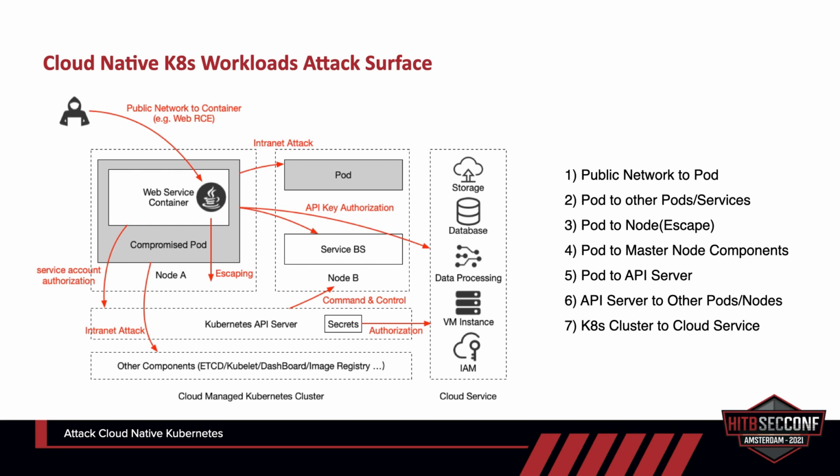Your purpose is to get more permissions of the entire service, such as controlling other containers and pods, escaping to the current node of Kubernetes, taking over the master node, taking over the API server, and even taking over the cloud account where the hosting cluster is located.